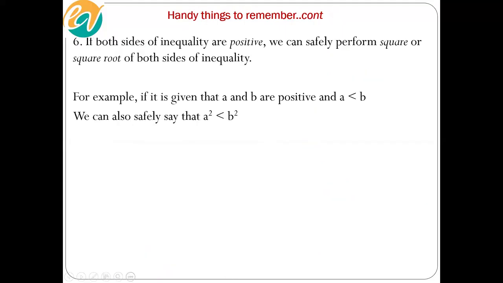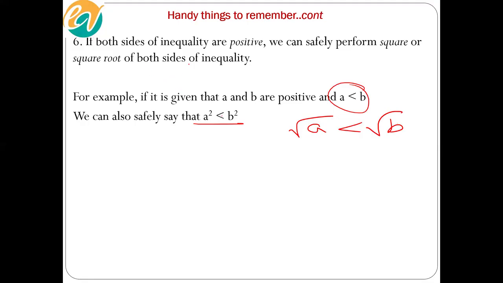All right. Okay. Handy things to remember. If both sides of inequality are positive, you can safely perform square or square root of both the sides of inequality. For example, if it is given that a and b are positive and a is lesser than b, we can safely say a square is lesser than b square. We can also say square root of a is lesser than square root of b.